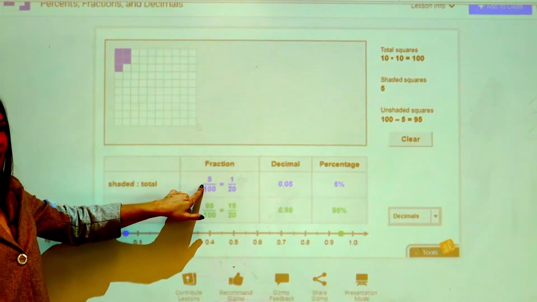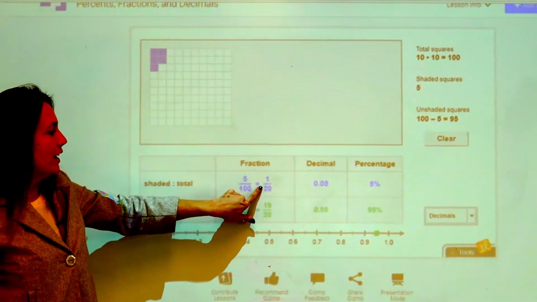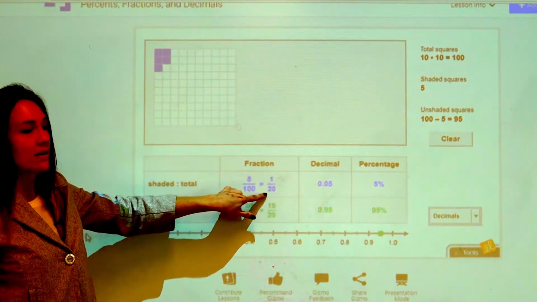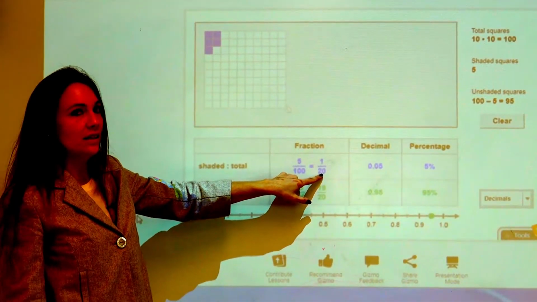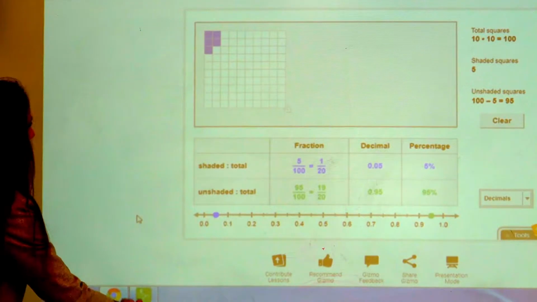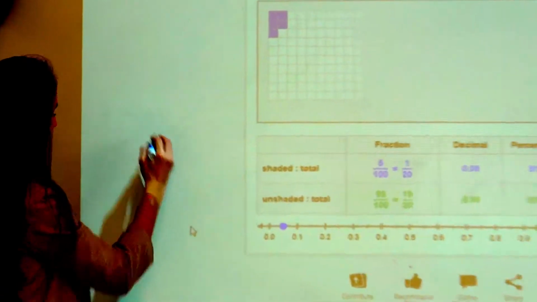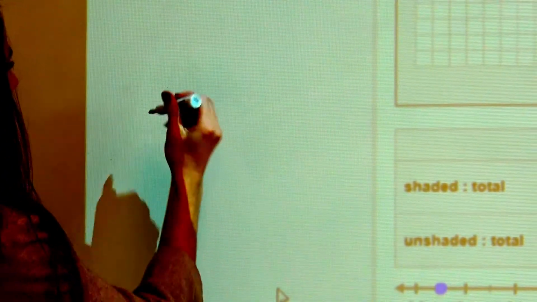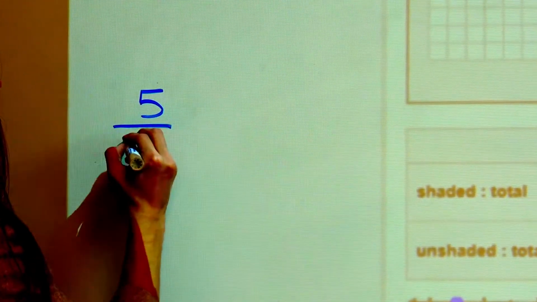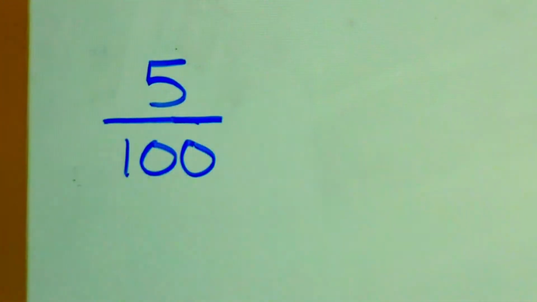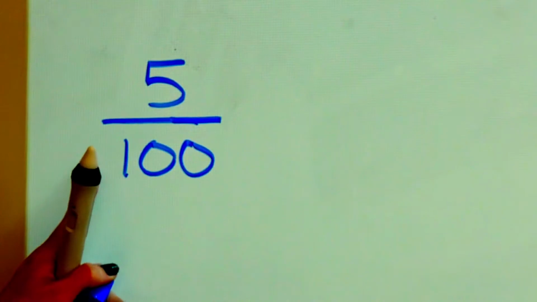They simplified that, and now we're calling it 1/20, or 1 out of 20. Let's simplify that real quick. 5 out of 100.